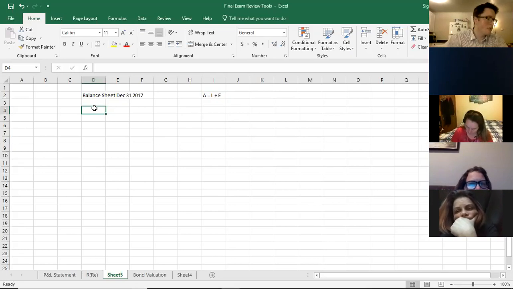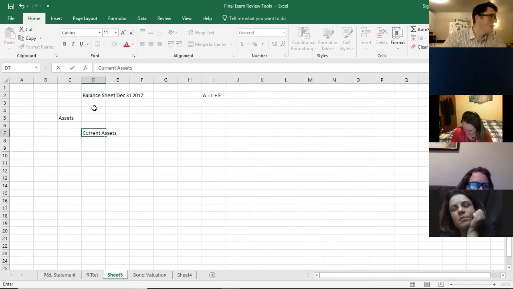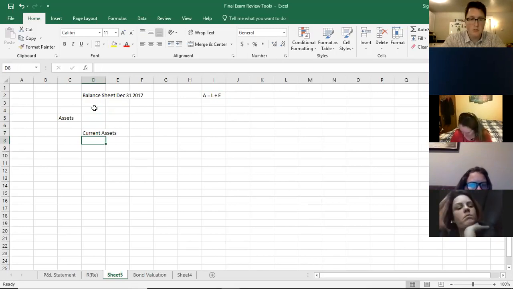So the first section is going to be your assets section. And first we're going to start with current assets. You always list current assets first. Current assets are assets that are cash or cash equivalents or things that can be converted into cash within one accounting period, which is generally a year for most organizations.